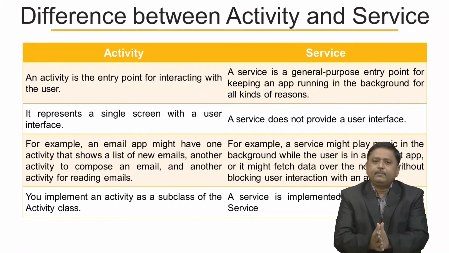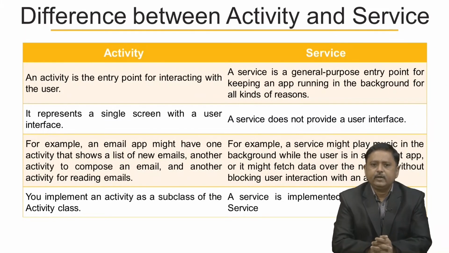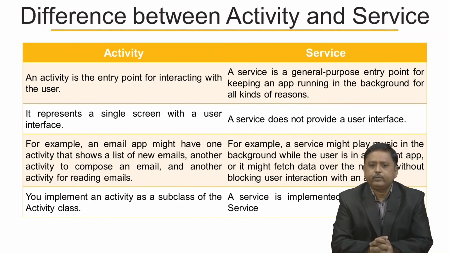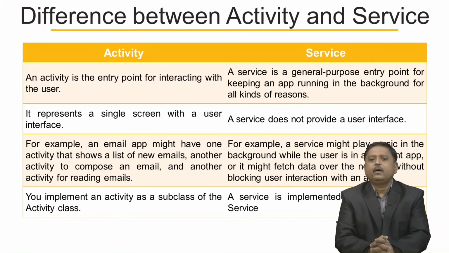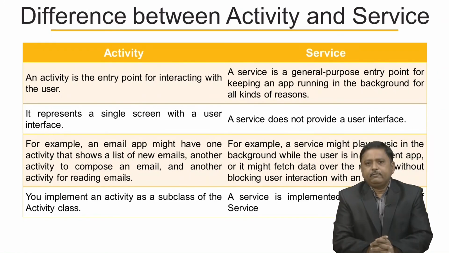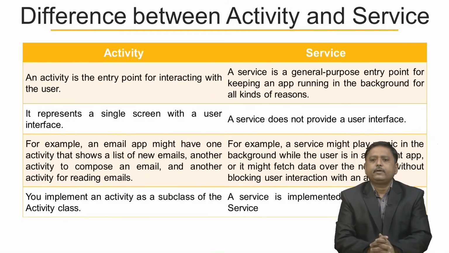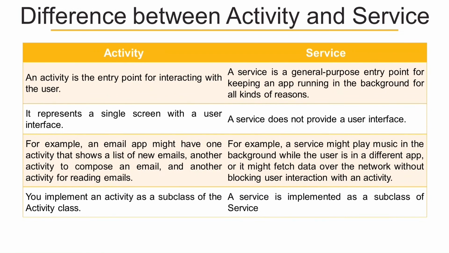Let us take an example of an activity. An email app might have one activity that shows a list of new emails, another activity to compose an email and another activity for reading an email. Now, we take an example of a service. For example, a service might play music in the background while the user is in a different app, or it might fetch data over the network without blocking user interaction with an activity.